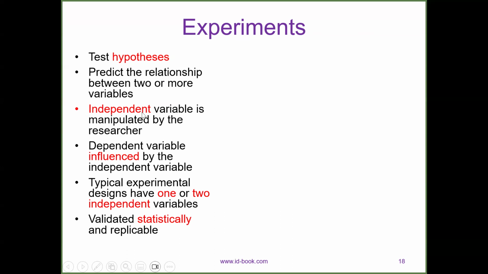We need independent variables, which are manipulated by the researcher, and dependent variables, which are influenced by the independent variable. A typical experiment design will have one or more independent variables. The results of the experiments are to be validated statistically, and they are replicable.